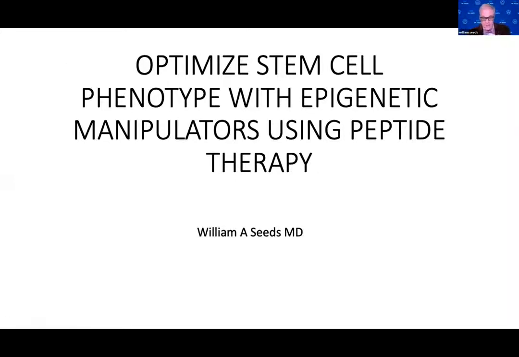So the topic of what I'm going to present is, again, an introduction to how we look at what's manipulating and influencing redox of the cell. What can we do to try to improve redox?